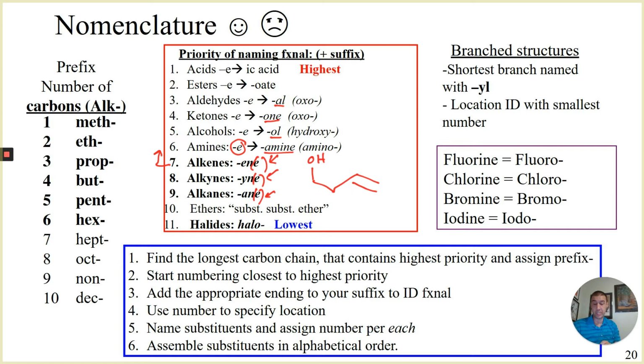What happens if we continue this structure out and we now have 2 high priority functional groups? Well, now this aldehyde takes precedence over the alcohol, so we have an alternate way to name those higher priority functional groups when they aren't the highest. And that's what's in the parenthetical.